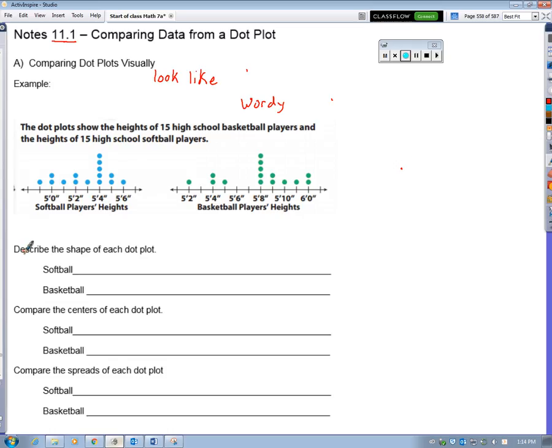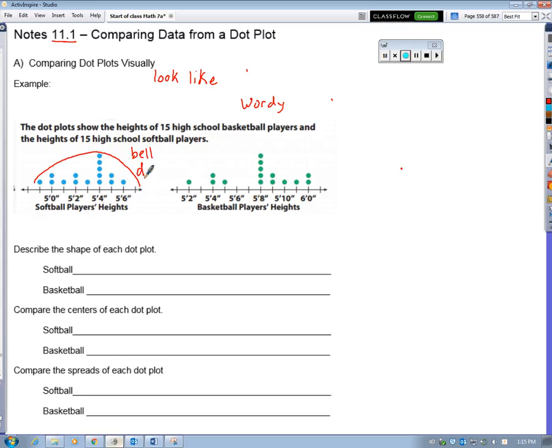The first difference we're going to look at is describe the shape of each dot plot. One that kind of looks like this, where all the data is kind of together, if we drew something like that, they call this more of a bell shape, because it makes a bell when all the data is together and you got that high point. So that's what we're going to put down for softball.